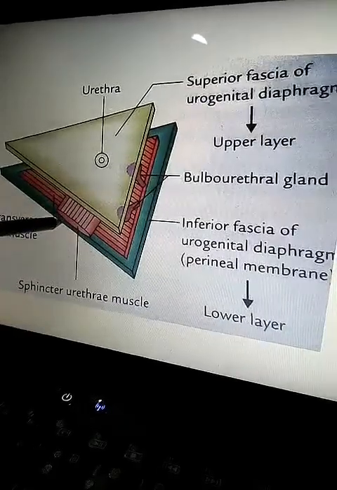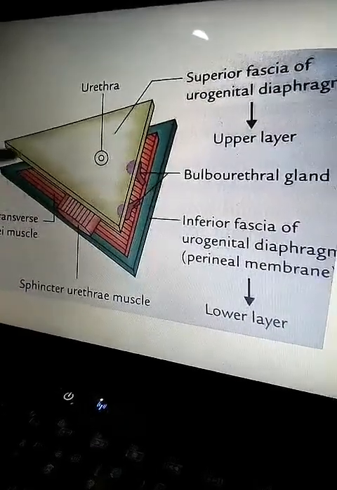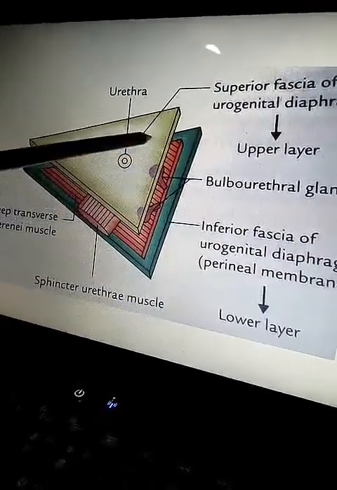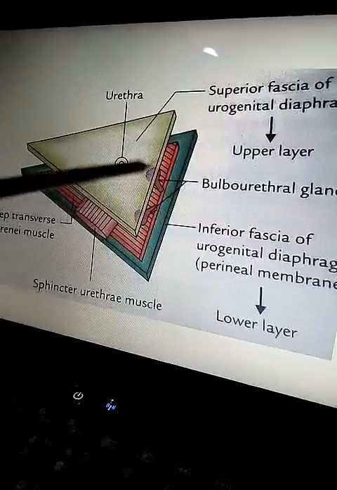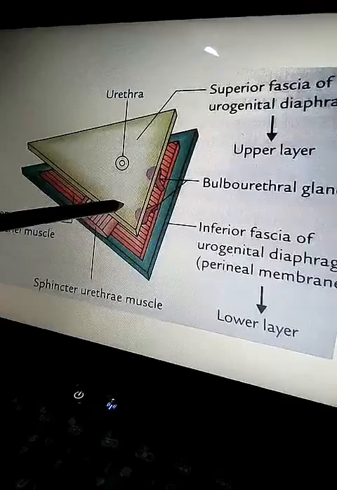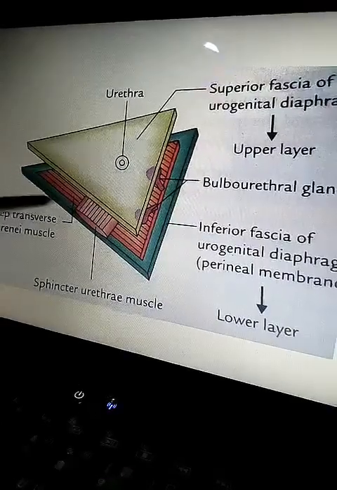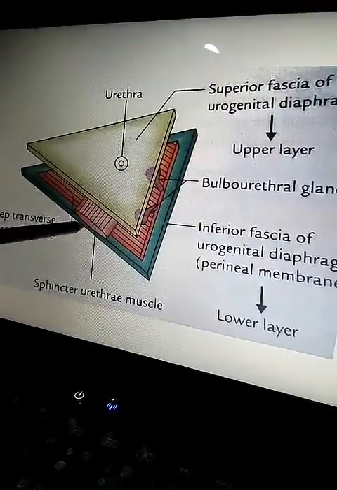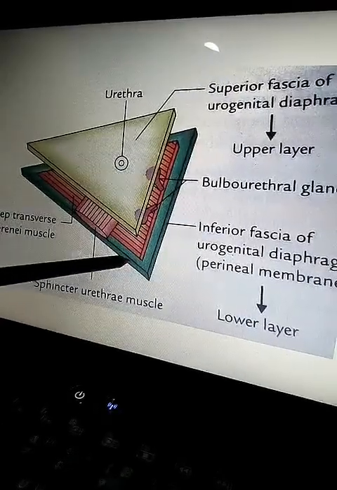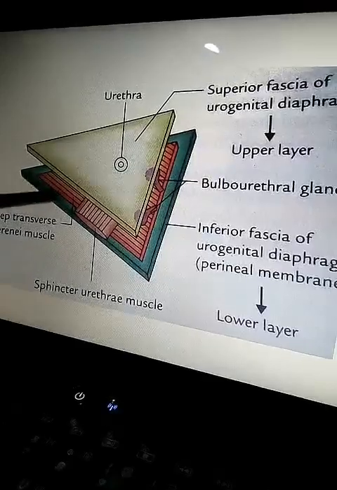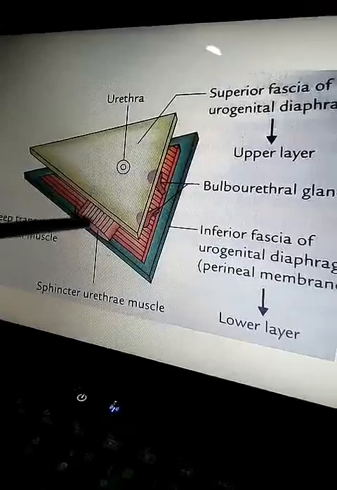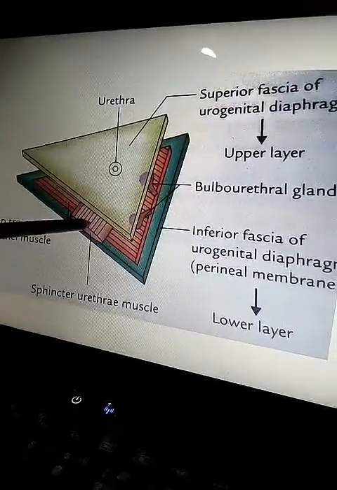On the deeper aspect, it is covered by a thin layer of endopelvic fascia that forms the superior fascia of the urogenital diaphragm, this yellow color. And on the superficial aspect, it is covered by the perineal membrane, that is the inferior fascia of the urogenital diaphragm.